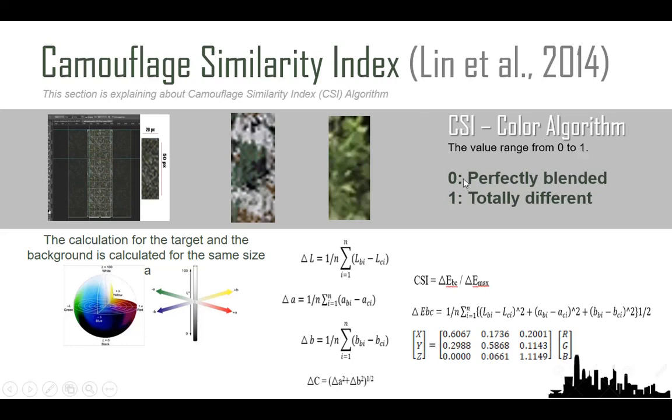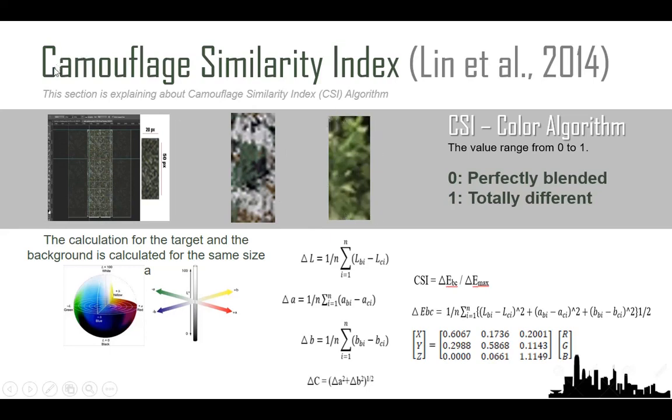When the value is 0, it means that the camouflage and the background are perfectly blended. But if the value is 1, they are totally different. So that's the logic between 0 and 1. For example, on the left side is the camouflage, and on the right side is the background.